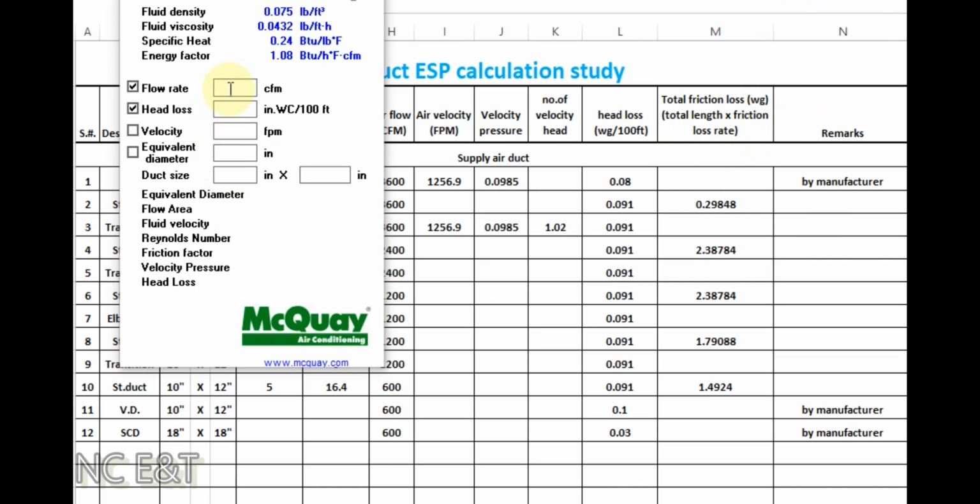We will start first with 3600 CFM and the duct size 28 by 16 inch. You can see the value of head loss equal to 0.091 and the fluid velocity is 1256.9 and the velocity pressure equal to 0.0985.